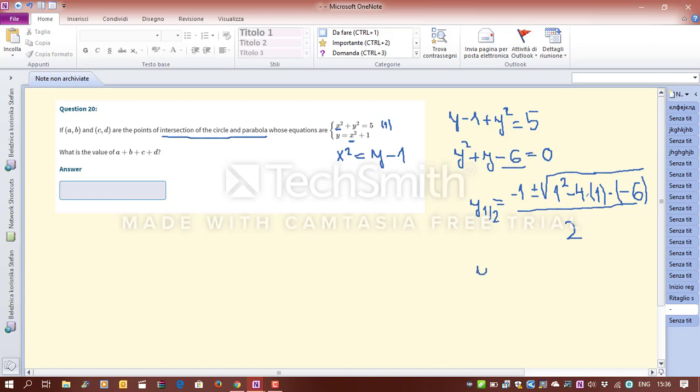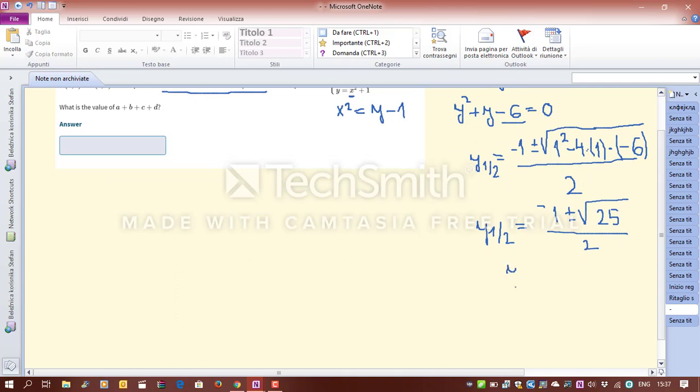Okay, now we have solutions. It will be minus 1 plus minus the square root. So minus 4 multiplied by 1 is minus 4, multiplied by minus 6 will be 24, and 1 will give us 25, over 2.